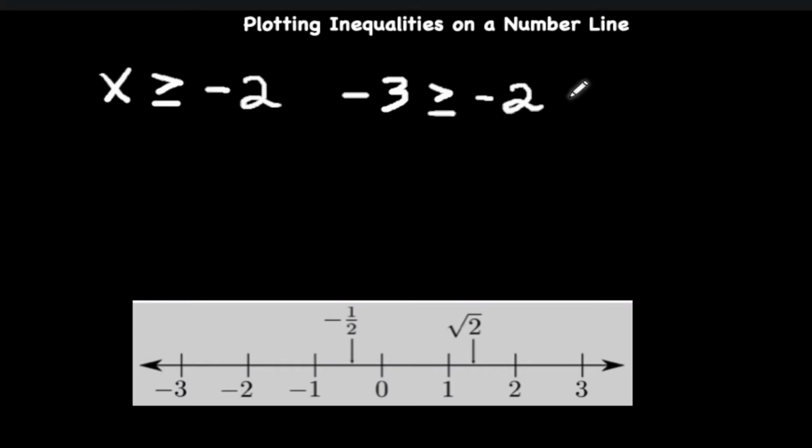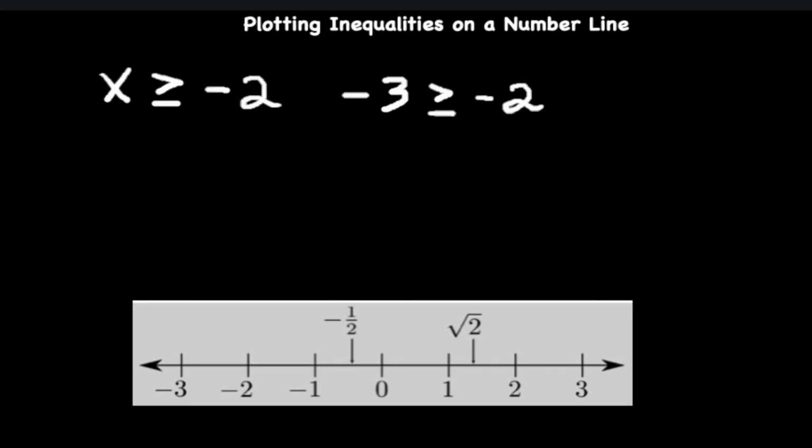So would you say this is a false statement or a true statement? Okay, so I hope you said that this is considered a false statement because -3 is not greater than or equal to -2. -3 is less than -2, right?